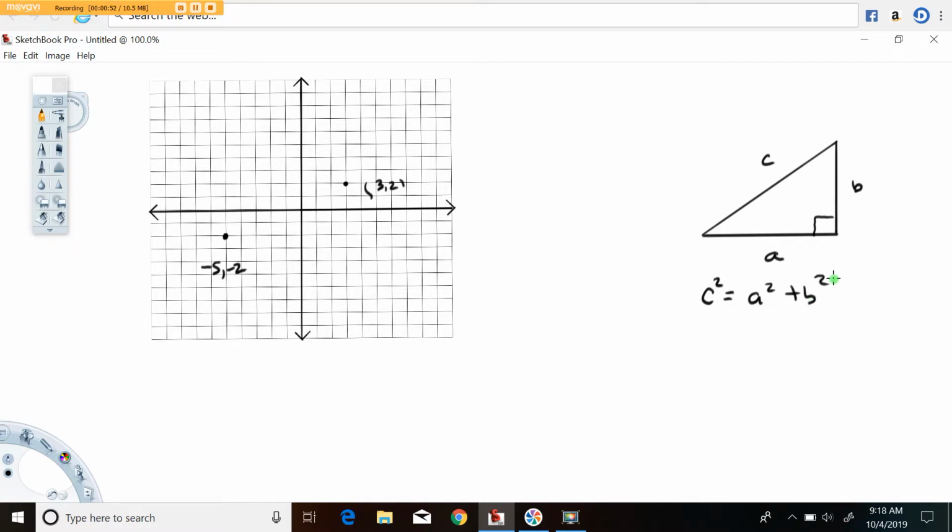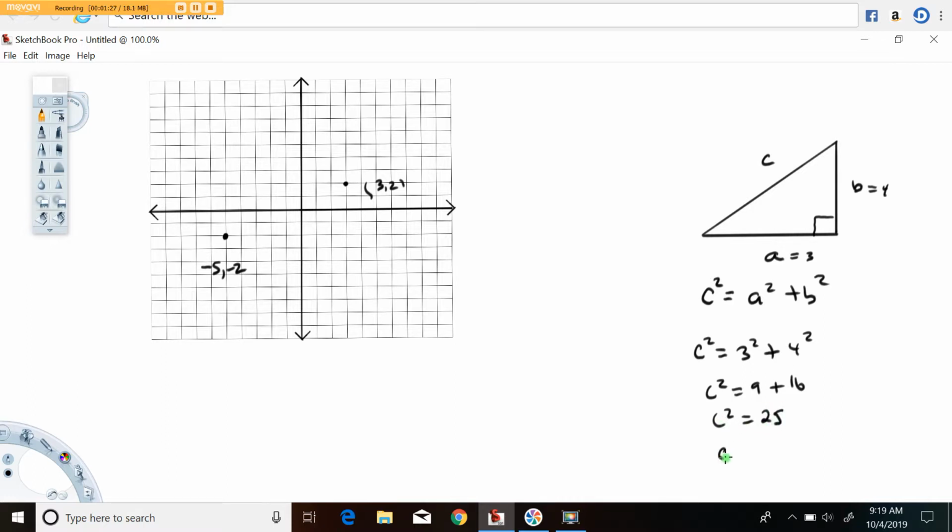As an example, imagine that this distance A were 3, and this distance B were 4. I know this doesn't look right dimensionally in the picture, but humor me, it's not important for the example. To calculate the hypotenuse, C squared is equal to 3 squared plus 4 squared. 3 squared is 9 and 4 squared is 16, so C squared equals 25.